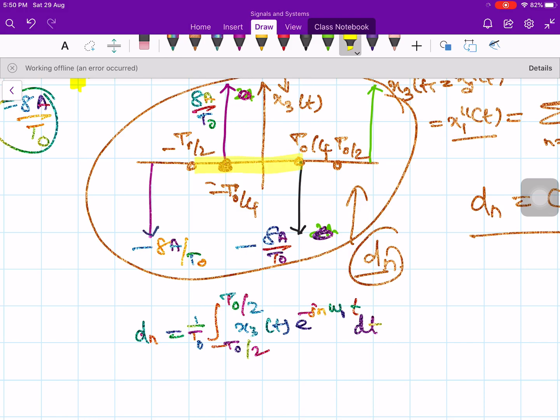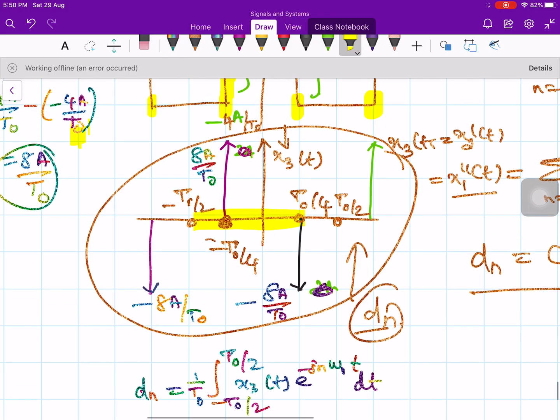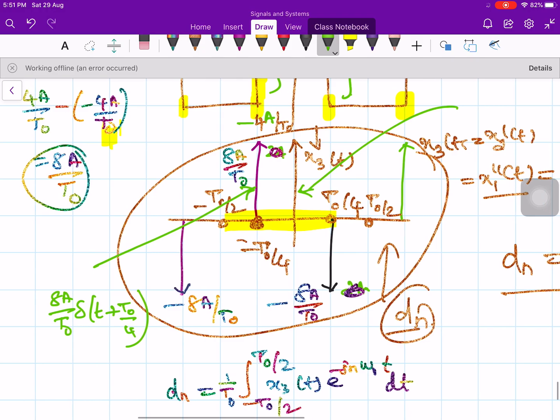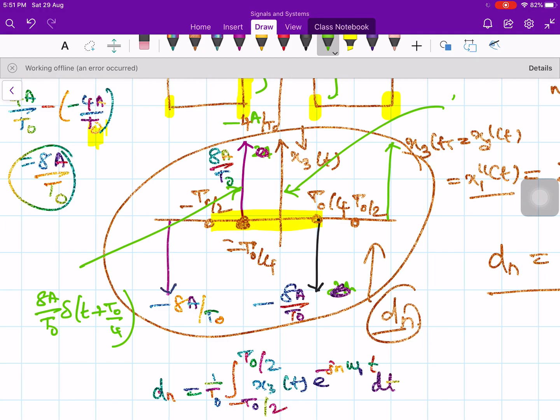In this interval I have two impulses. One impulse is this guy. Its strength is 8a by t naught del of t plus t naught by 4. Now here I have one more impulse, this guy. What is the strength of that impulse? 8a over t naught del of t minus t naught by 4. So two impulses I have in this interval.